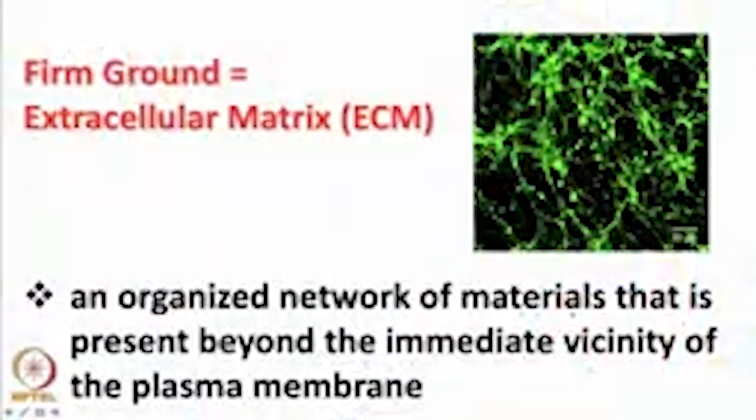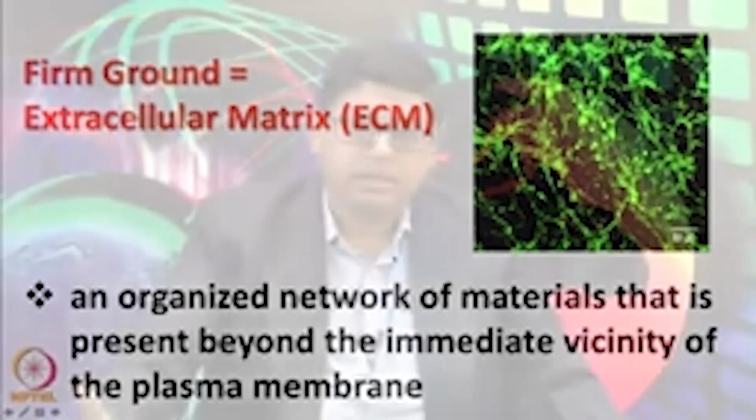The ECM is an organized network of materials that is present beyond the immediate vicinity of the plasma membrane, so outside the cell. Truly speaking, inside our body, cells exist in a completely 3D environment, but there are also cases, for example the endothelium, where it is more like a flat surface.